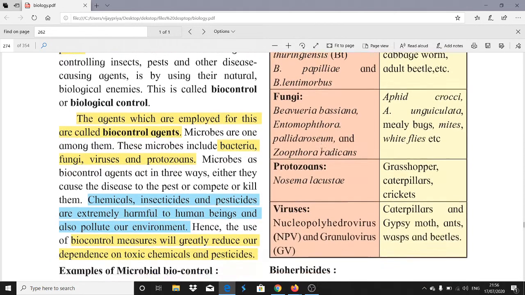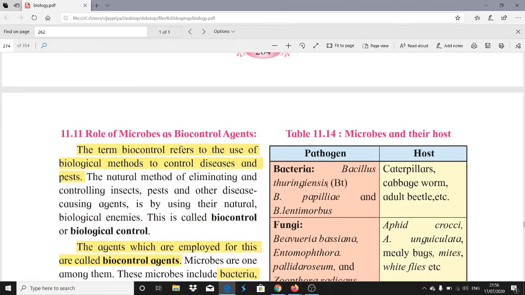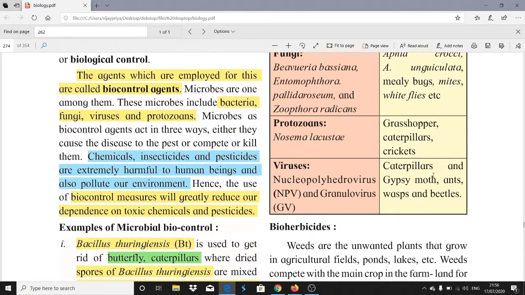Then we talk about, for example, nucleopolyhedrovirus, that is NPV. These viruses are the pathogens, and the host is caterpillars. We can control the caterpillars, moth, ants, wasps, and beetles by using these viruses.